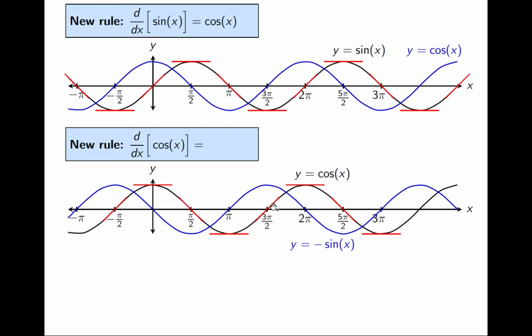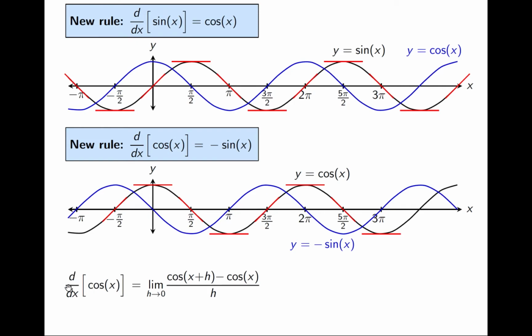The slope to cosine of x looks like it's positive 1, and negative sine of 3 pi over 2 is positive 1. So just looking strictly at the graphs, it looks like the derivative of cosine of x is likely to be minus sine of x. And in fact, that does turn out to be true, and you can show it.